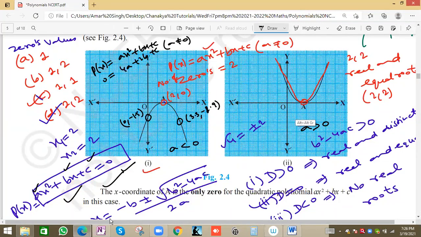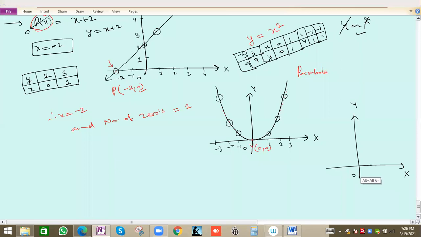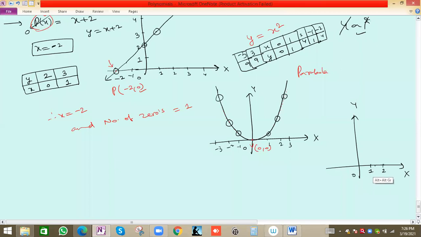The vertex is at this point, (2, 0). Everything is the same, just shifted to the right-hand side.